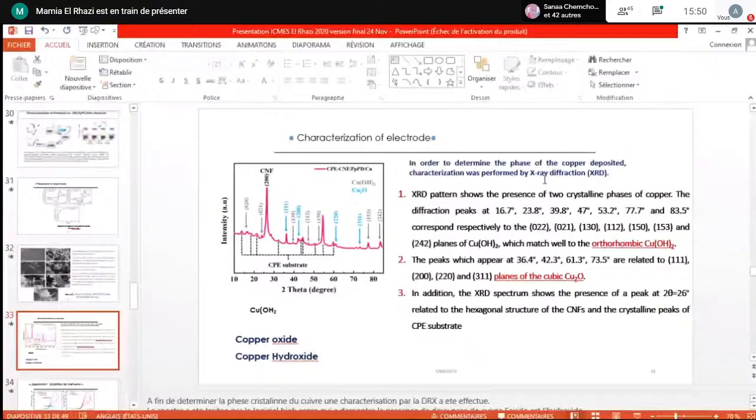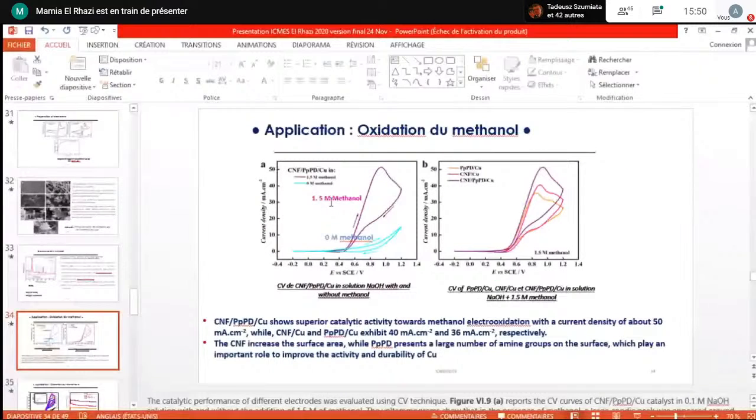Here we compare the response of different electrodes: carbon nanofiber, polymer and copper; carbon nanofiber and copper; and polymer and copper. And you can see that the electrode, what we call polymer, carbon nanofiber, copper, shows superior catalytic activity toward methanol electrooxidation with a current density of about 50 milliampere, while carbon nanofiber copper and polymer copper exhibit 40 and 36 milliampere per centimeter squared, respectively.